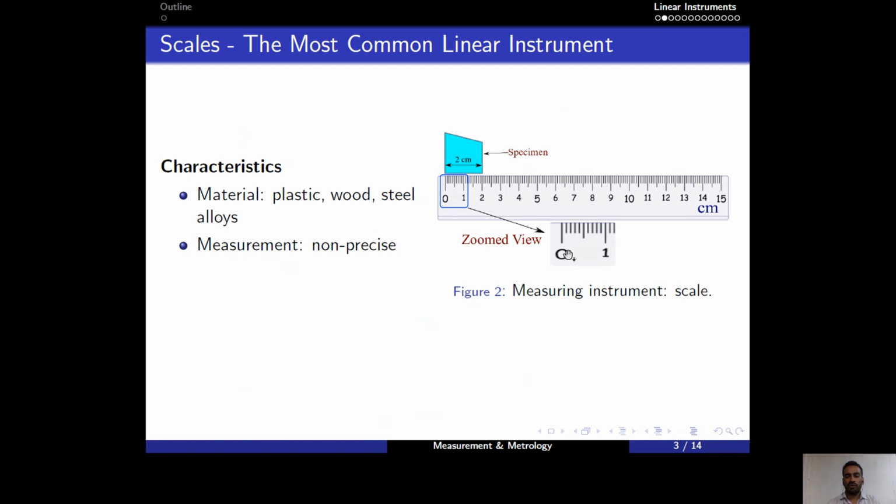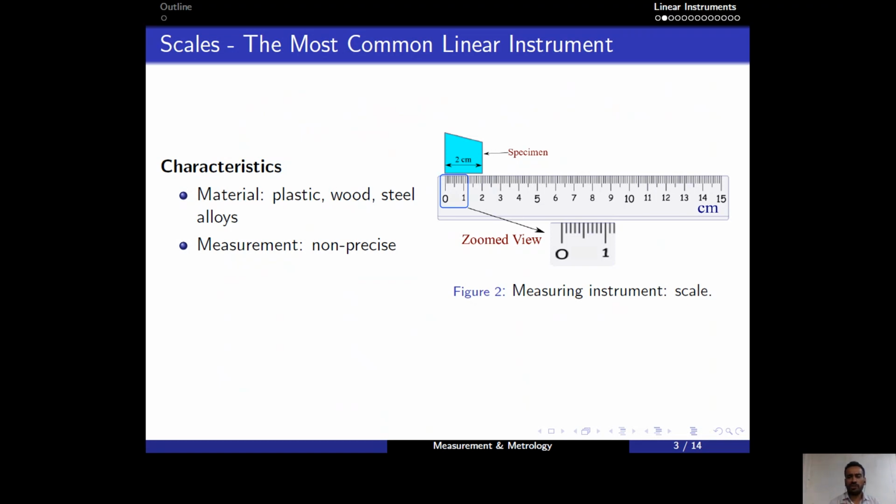0 stands for 0 centimeter, 1 stands for 1 centimeter, as centimeter is already written on this scale. That means within 0 and 1, that is 1 centimeter, how many divisions do I have? It is 10. So if I calculate 1 division, how much is 1 division equal to? 10 divisions is equal to 1 centimeter, and 1 centimeter is equal to 10 mm.